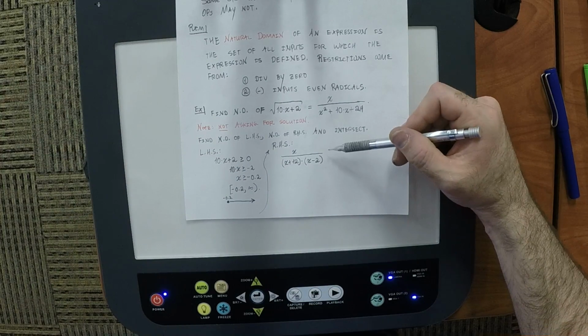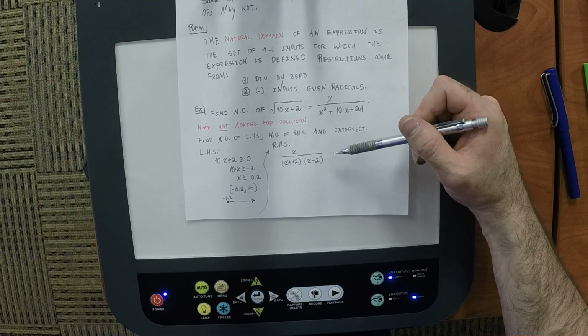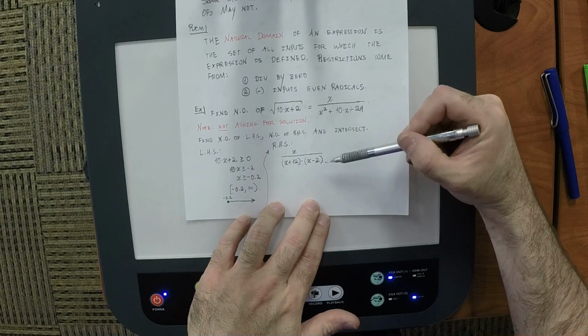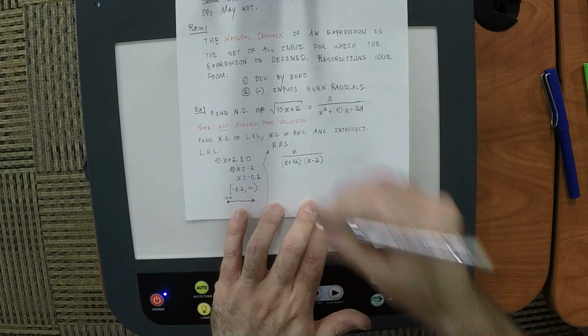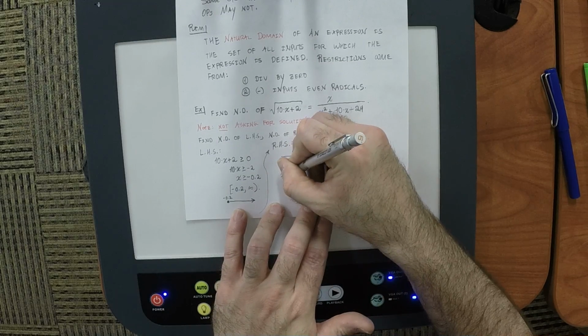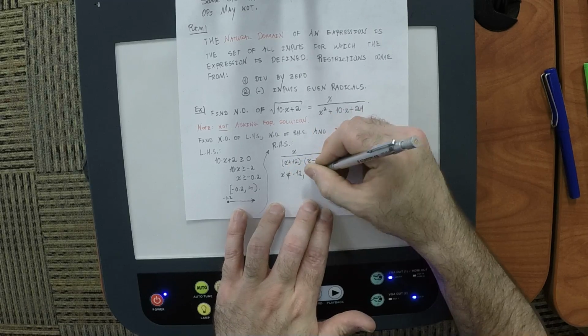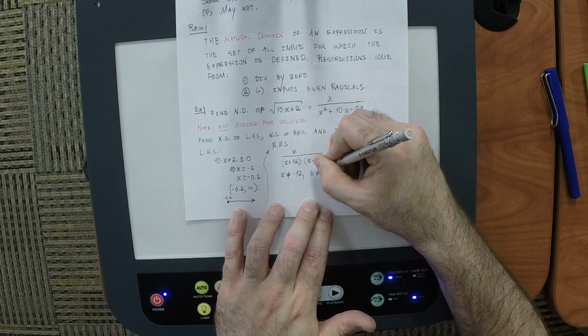Now that we've factored it, I hope it's clear that there's two values that are not permissible. What are they? Negative 12 and 2, okay. So then x can't be negative 12. x can't be 2.